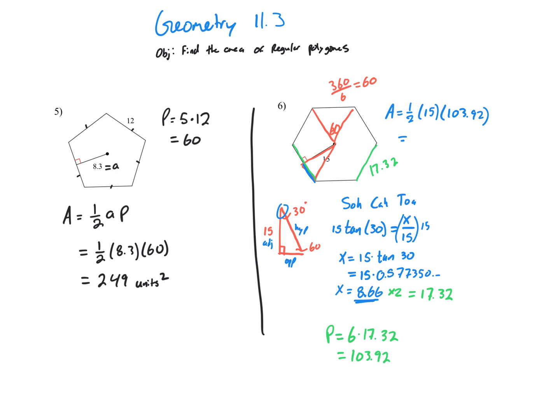And then I can calculate my area. So that 103.92, I'm going to say times 15, and then divide that by 2. And my area comes out to be 779.4 units squared.